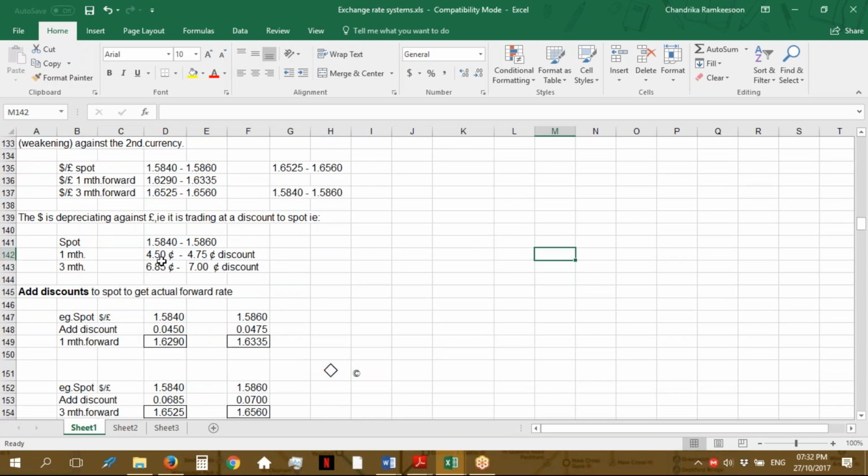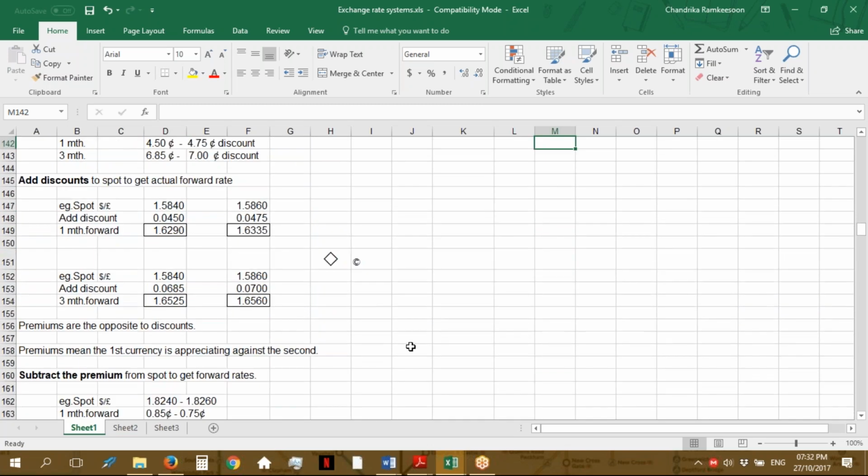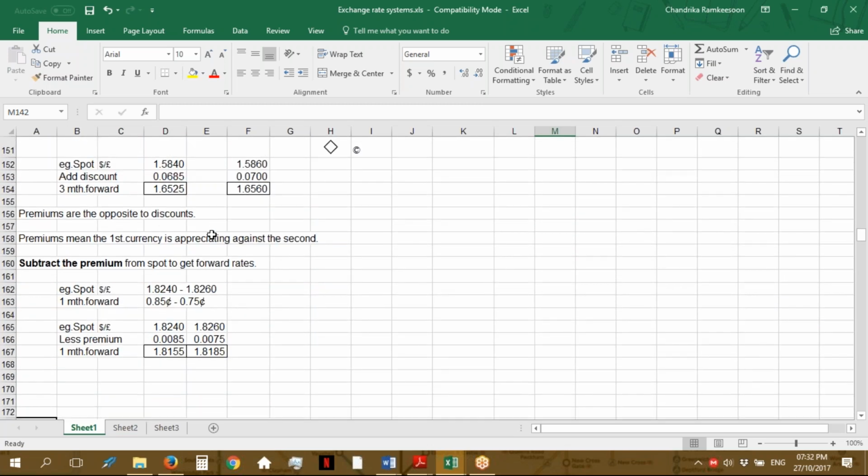Now, if you add discounts to the spot to get the forward because you want an increase in numerical value, clearly it means you'll have to subtract the premiums from the spot to get the forward if it's a premium. And this is what I've shown you here. Premiums are opposite to discounts. Premiums, being the first currency, which would normally be the stated currency, is appreciating against the second. So the dollar here is expected to strengthen.